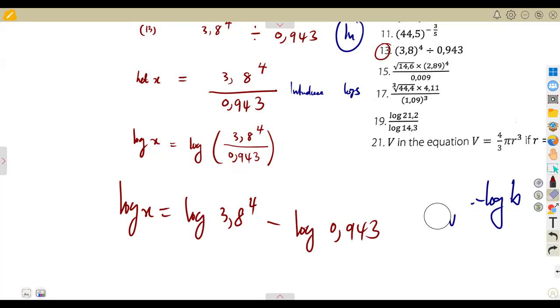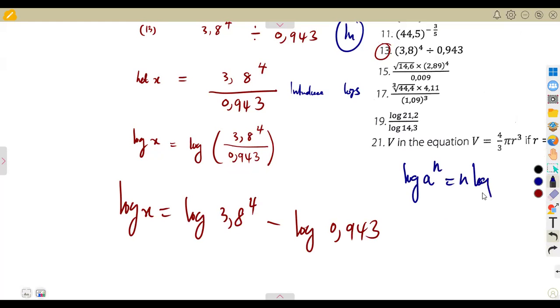But also considering that we saw that if there is an exponent, the logarithm of a to the exponent of n gives us n log a. An exponent is multiplying the logarithm. There is an exponent of 4, so you're going to drop this exponent to multiply the logarithm.